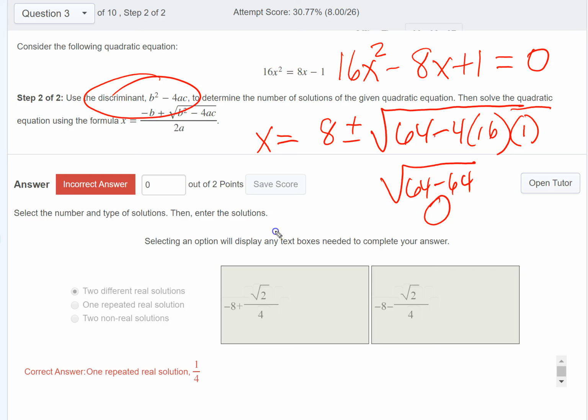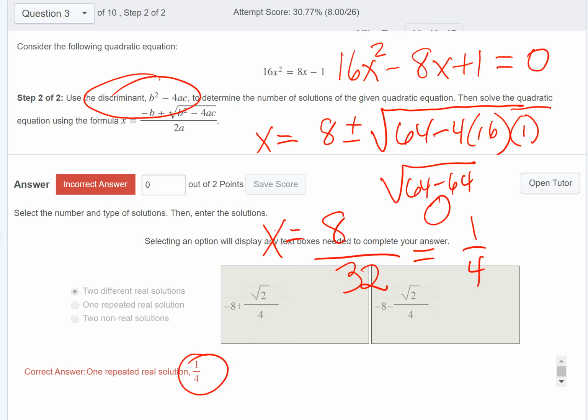And then we didn't do the rest of this. This is going to be 8 over 2a. Well, a was 16, so 2 times 16 is 32. So this simplifies to 1 over 4, which is what they're showing there as well.